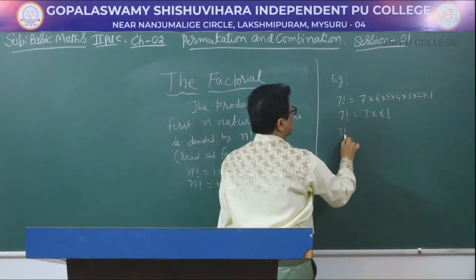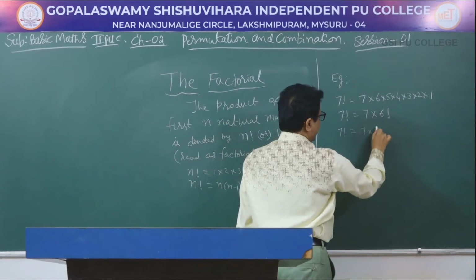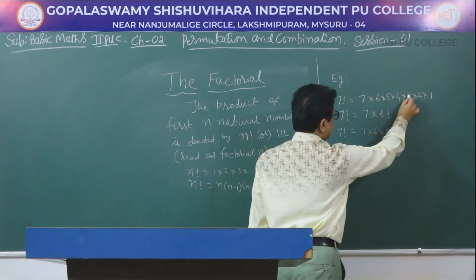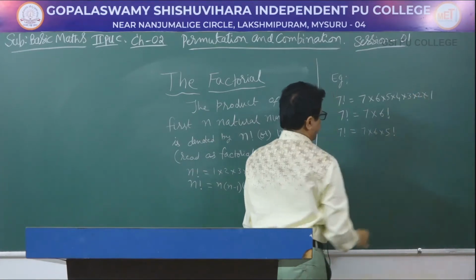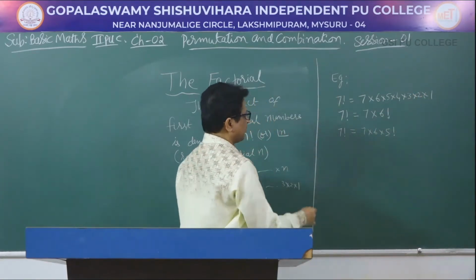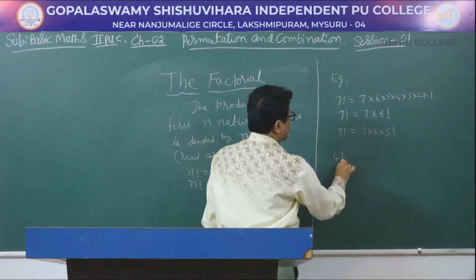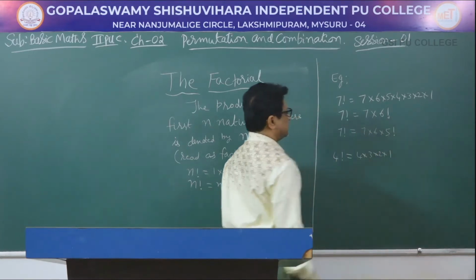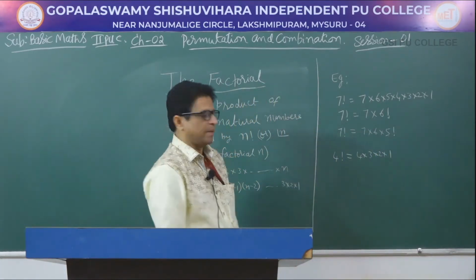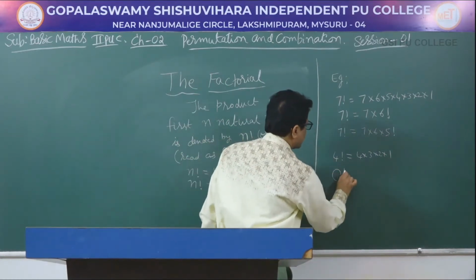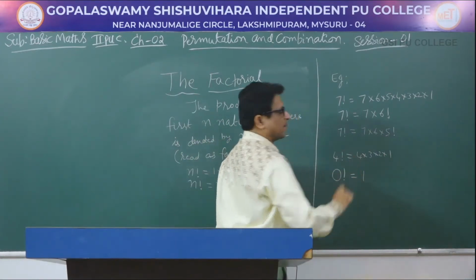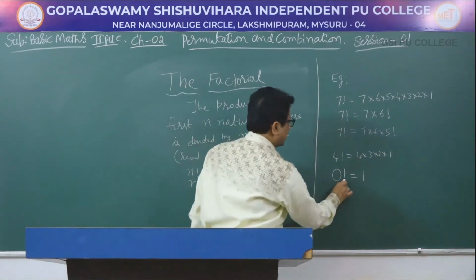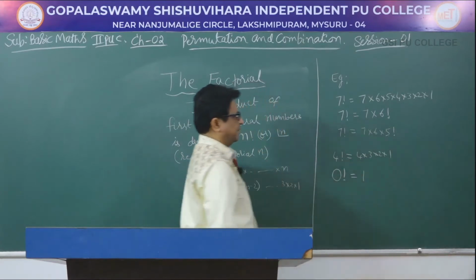The same 7 factorial can also be written as 7 into 6 into 5 factorial, because 5 factorial is 5 into 4 into 3 into 2 into 1. 4 factorial is equal to 4 into 3 into 2 into 1. You should always remember that 0 factorial will always be equal to 1. This is our convention.